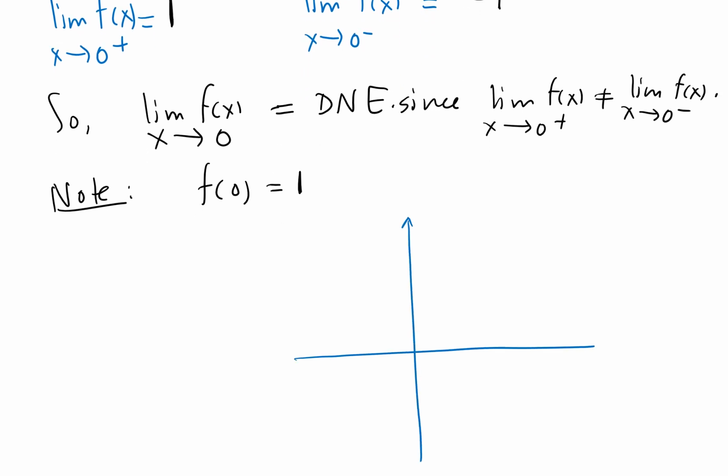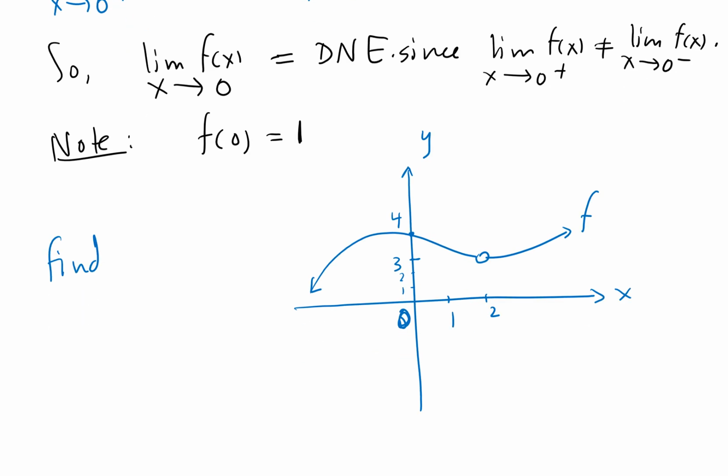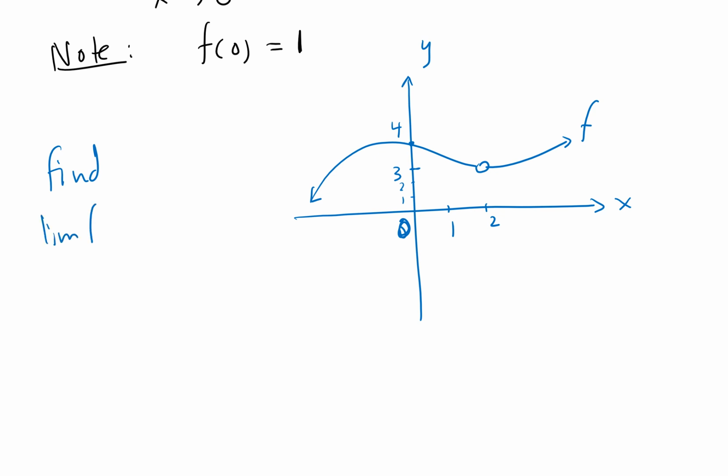Next, I'm going to choose another example. Let's say we're given the graph of the function f, and we're asked to find the limit of f of x as x approaches 2 from the right side, the limit of f of x as x approaches 2 from the left side, and then the limit of f of x as x approaches 2.